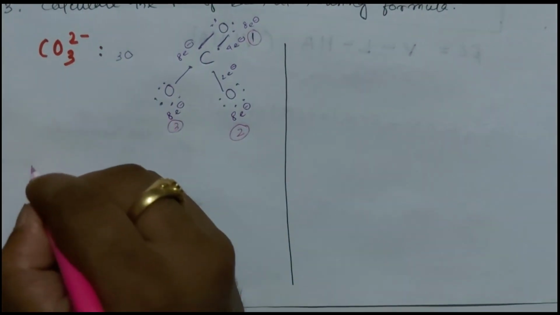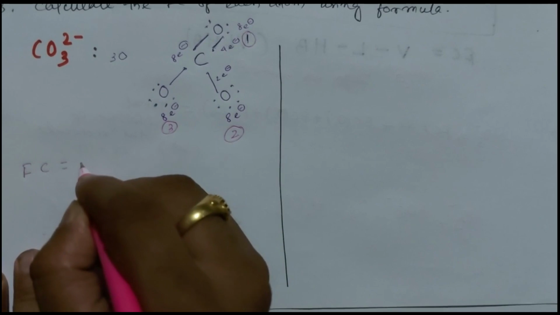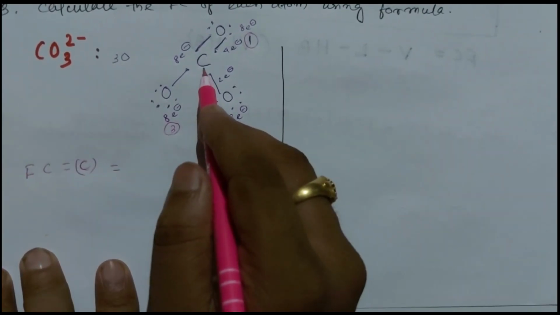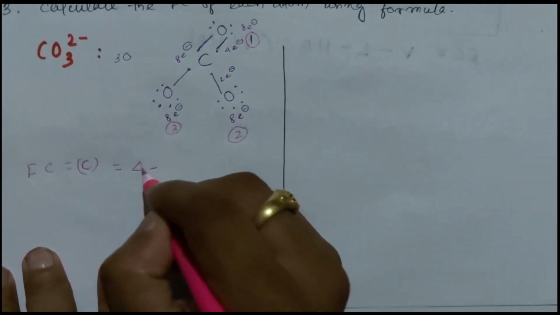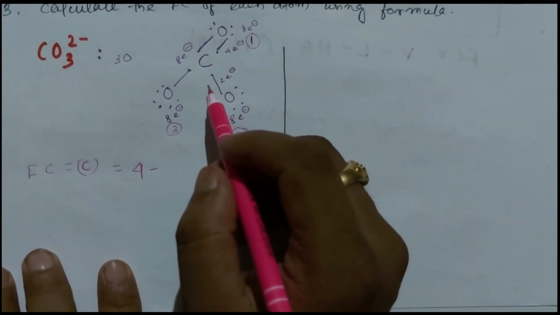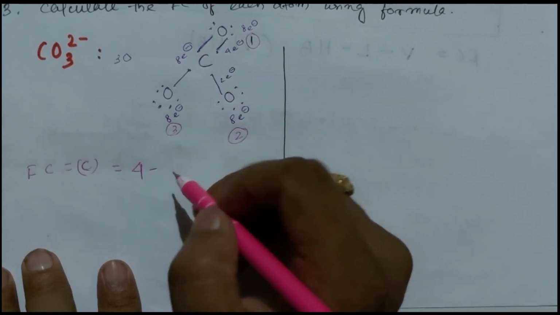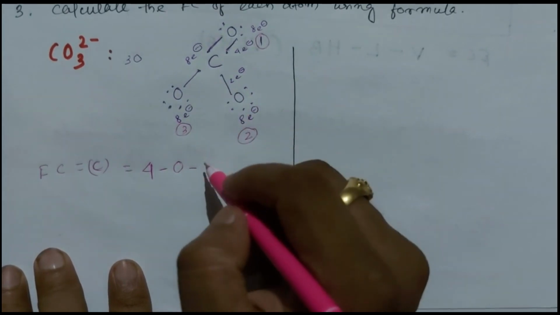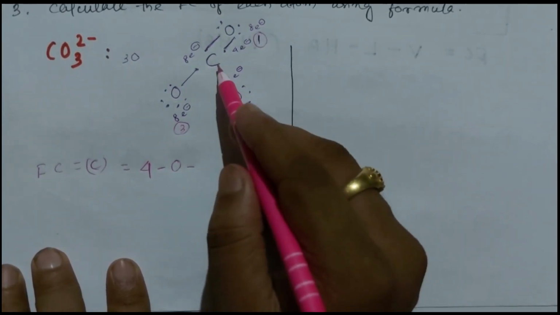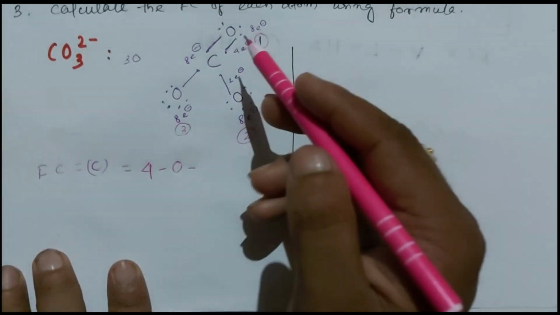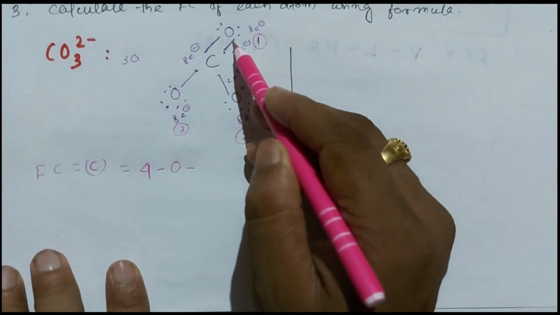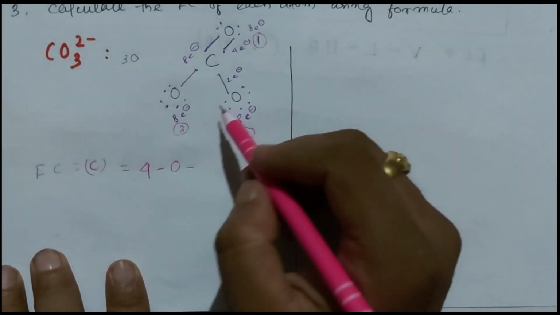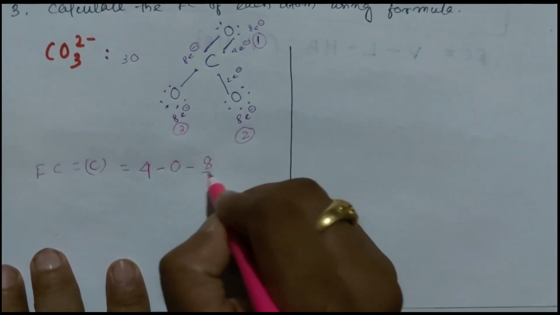So the formal charge of carbon is equal to the valence electrons of carbon, 4, minus the total number of non-bonded electrons. Non-bonded electrons are 0 because no lone pair is there, minus half of the bonded electrons. The bonded electrons are 1, 2, 3, 4, 5, 6, 7, 8, so 8 are bonded electrons, therefore 8 by 2.